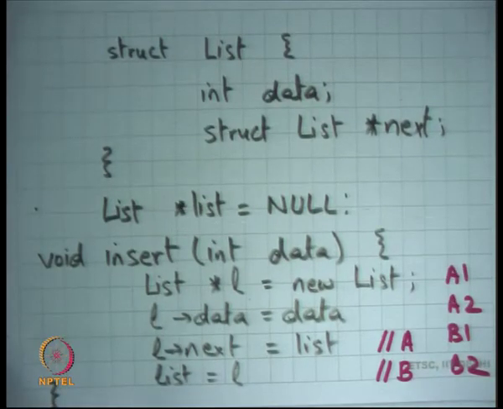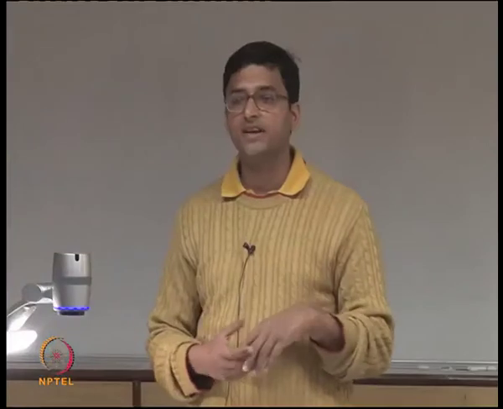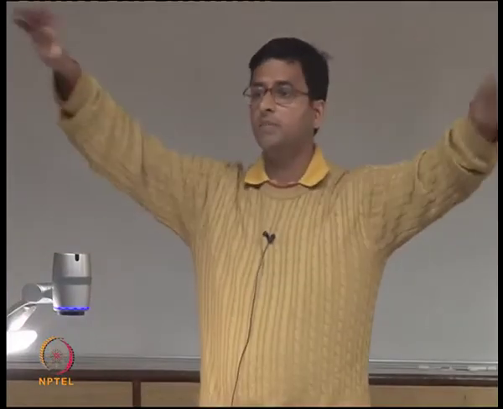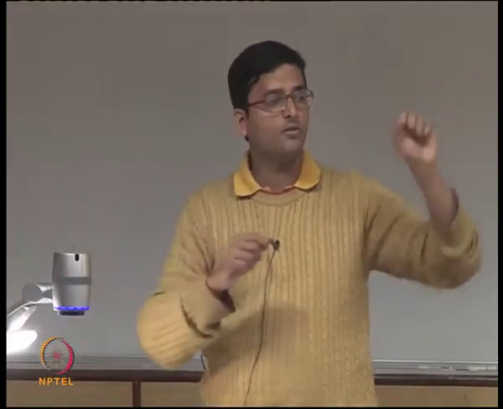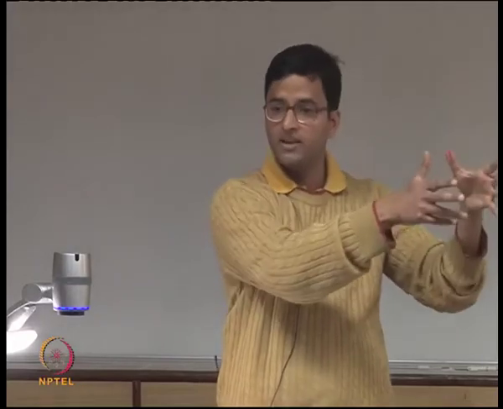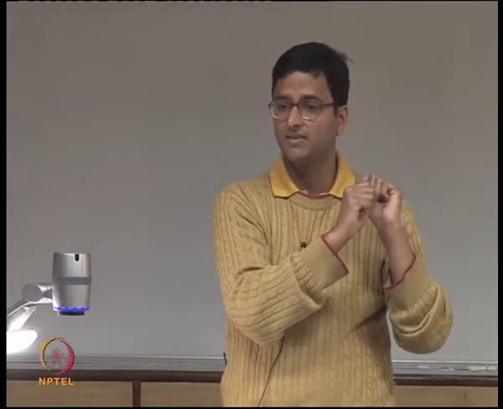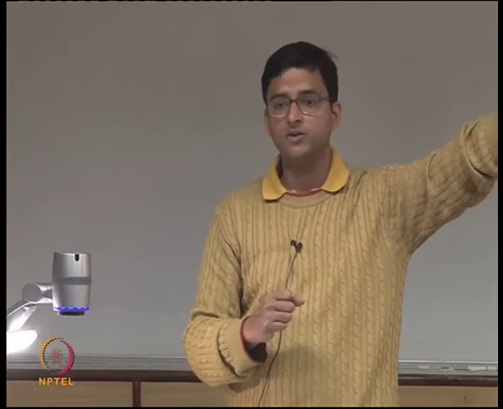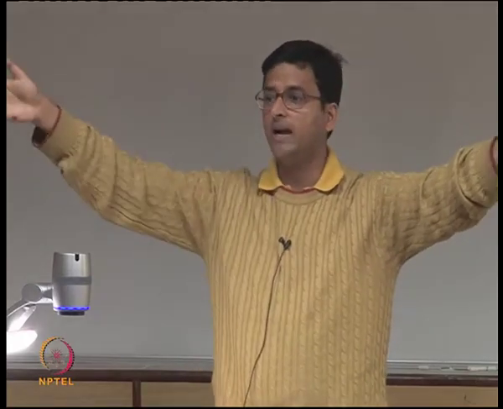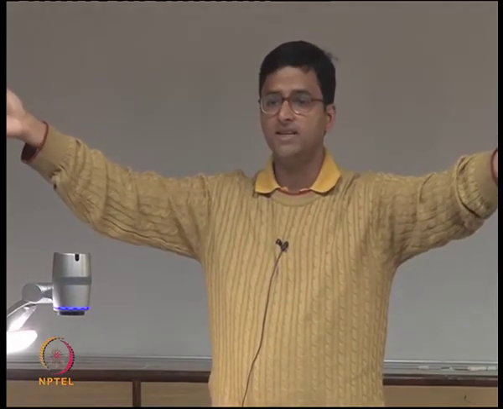Also, do I need to serialize all calls to insert, or can I do something smarter? Let's say I have multiple lists, and when I am inserting to the same list, only then I need to serialize. If one thread is inserting to this list and another thread is inserting to that list, I don't need to serialize. So I need to be able to represent that.